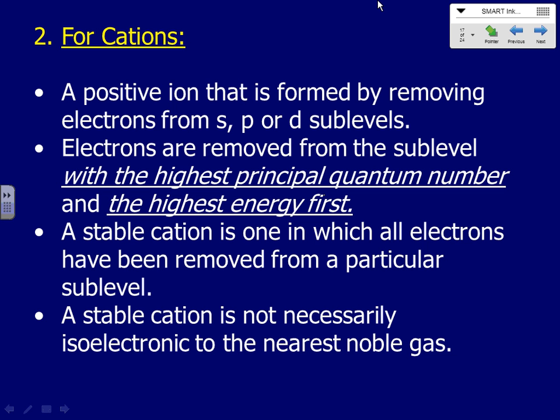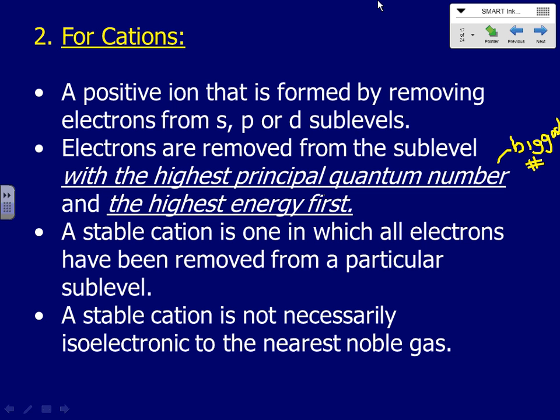So the highest principal quantum number, we remove them from first. And then the highest energy subshell or sublevel. So this second bullet basically says we're removing the ones from the biggest number first, and here the highest energy.